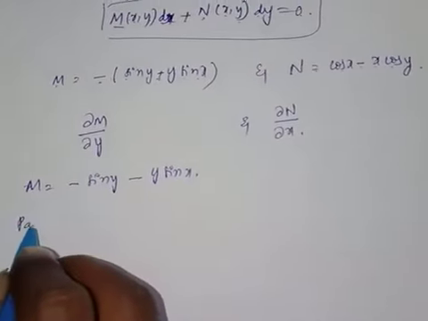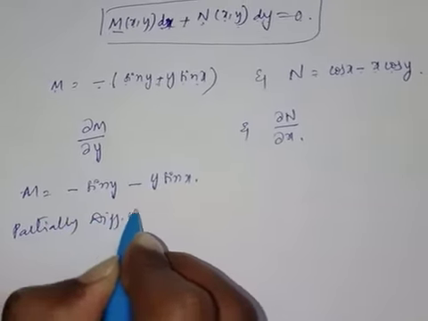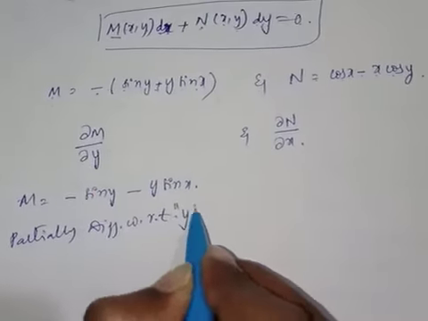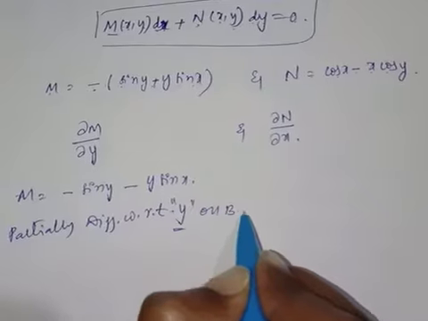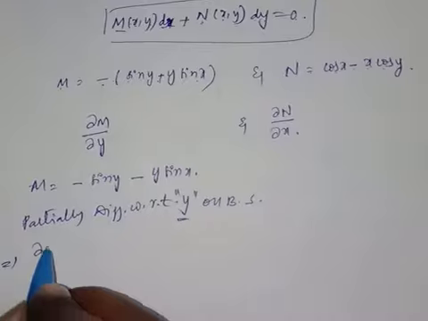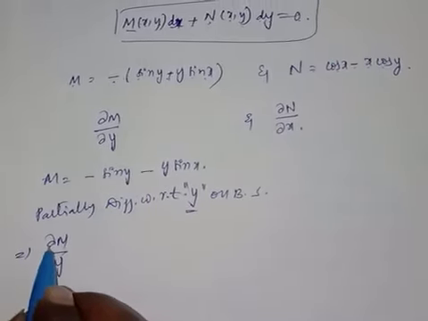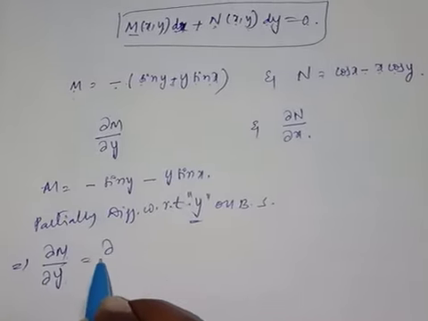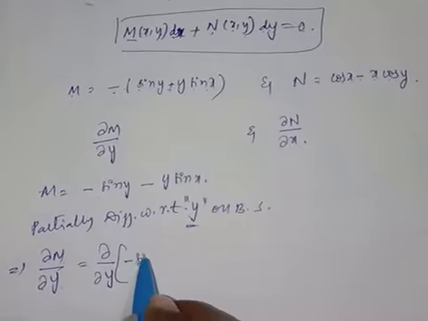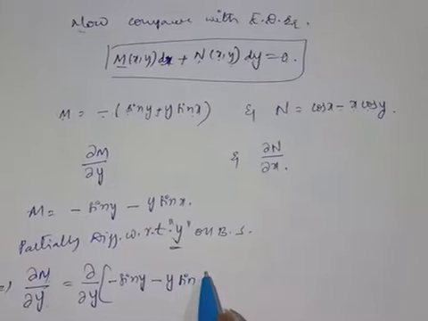Here partially differentiate with respect to y on both sides, so ∂M/∂y is equal to ∂/∂y of (−sin y − y sin x).